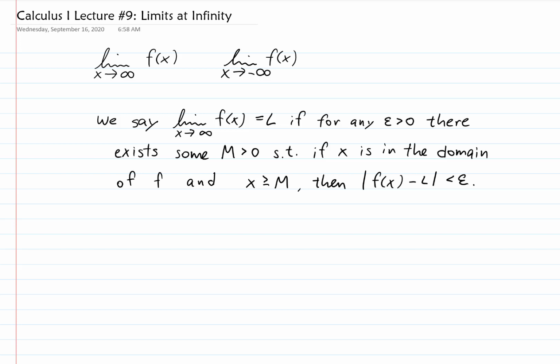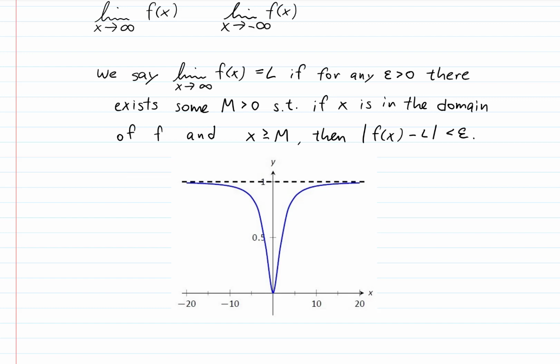Okay? Now let me show you a picture. Here's a graph of the function x squared over x squared plus 4. I'll write that down. Let's not write it right there. It's going to be in the way. Okay, so do you see in the picture what's happening there?